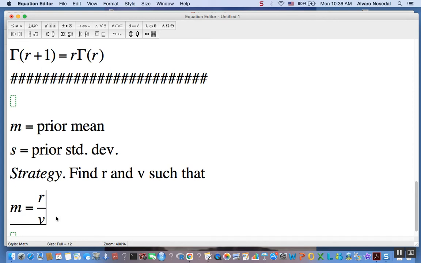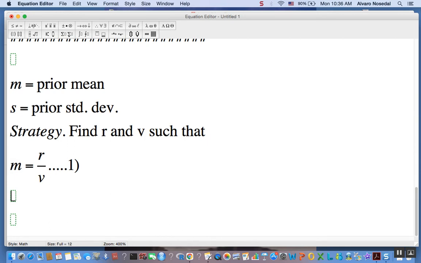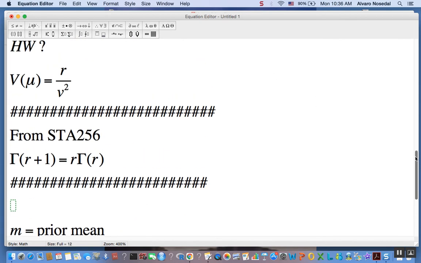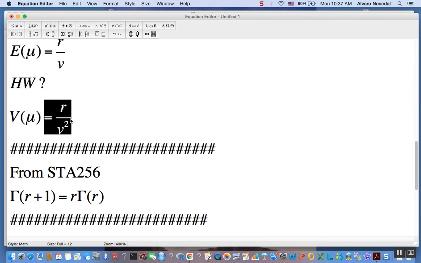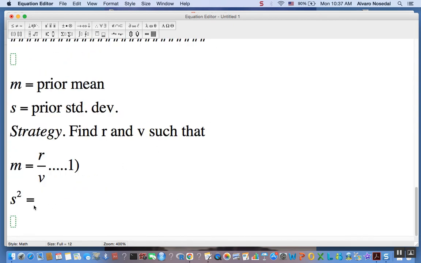So that's going to be your first equation, if you will. And then for the other one, we're going to square your prior standard deviation, and we're going to match that with the formula for the variance of a gamma random variable. That's your second equation. Make sense?